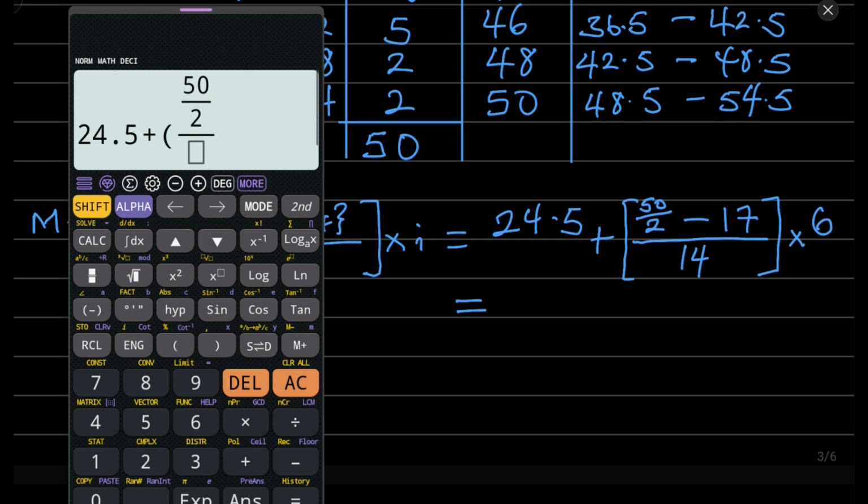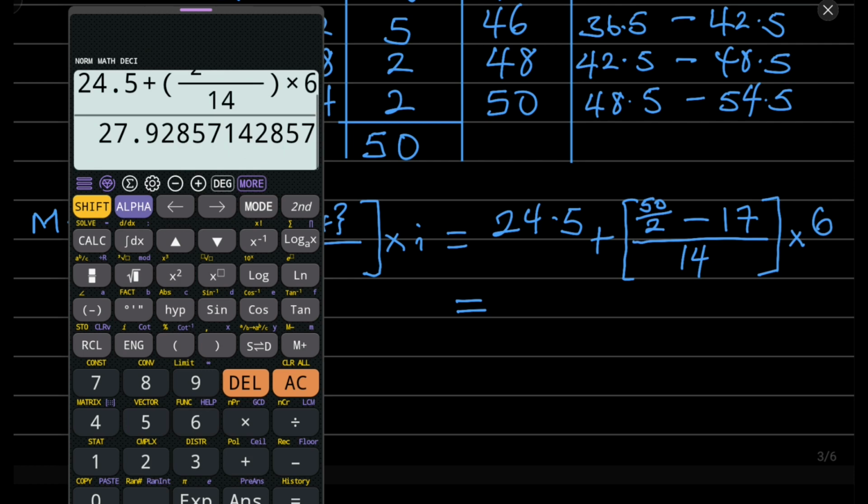I wanted to skip the 50 divided by 2 and just write 25 instead, but let me go ahead. Divided by 2 minus 17 divided by 14, close brackets, times 6. So the answer is 27.929, rounded to 3 decimal places.